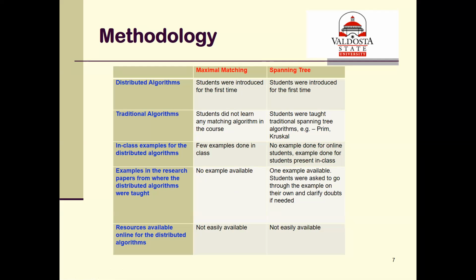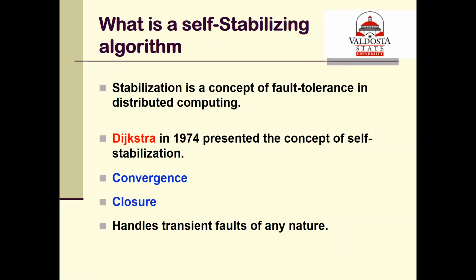But for the spanning tree, there was one example available, and the students taking the class online were asked to go through the example on their own, and if they had any questions, they were told to clarify the doubts with the instructor.